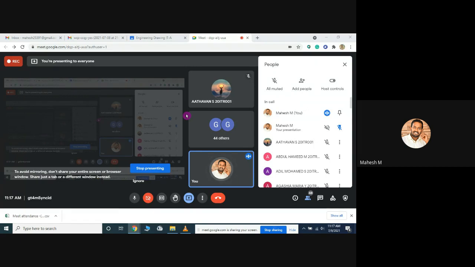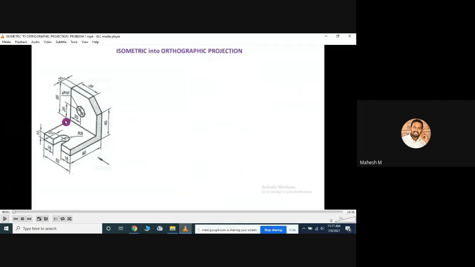Isometric projection means a three-dimensional diagram, and orthographic projection means a two-dimensional diagram. Normally this is your question. It is a sample component.